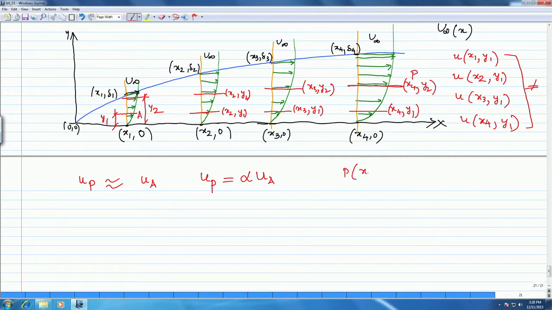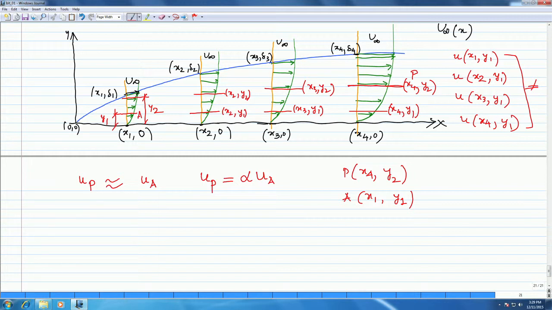P is x4 y2, and A is x1 y1. So the velocity at P is not much different from UA, because it is shifted along x and also shifted along y.